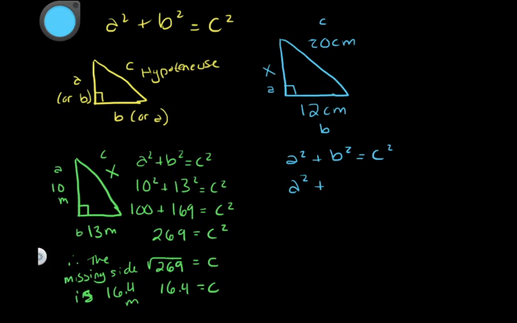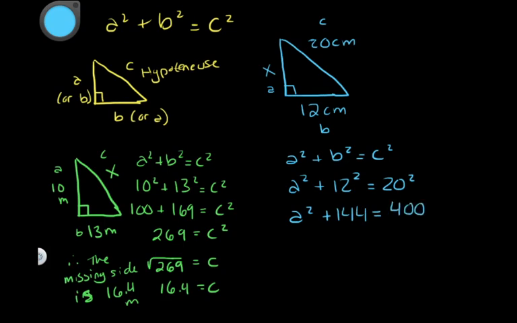So my B was 12 centimeters, so 12 squared equals my C, which is 20 squared. So right now we're just going to solve for A, because A is our unknown. So leave my A squared here. 12 squared is 144. And 20 squared is 400.